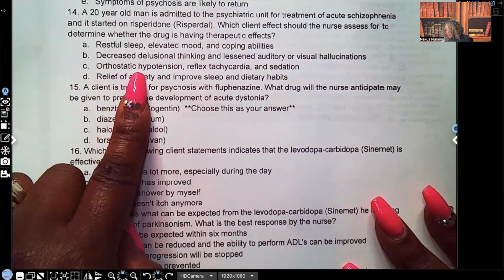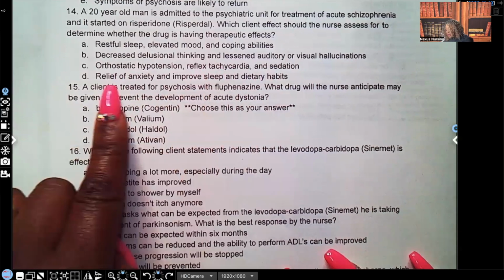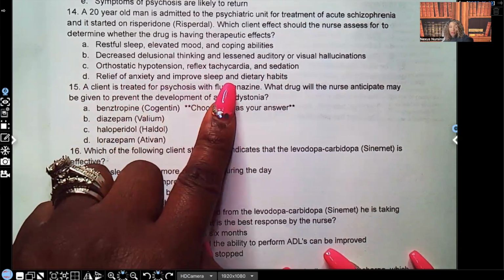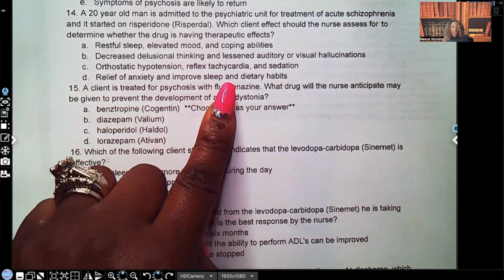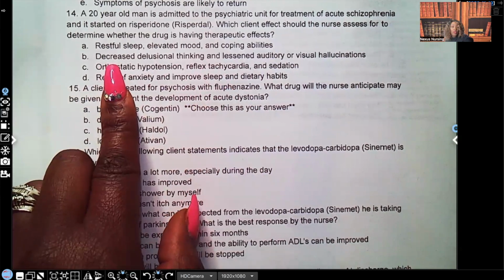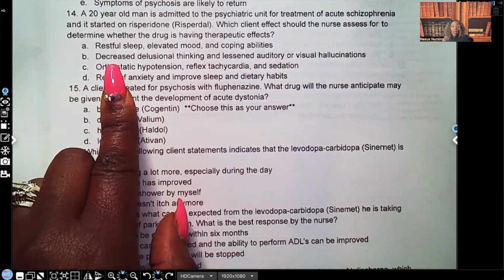C, orthostatic hypotension, reflex tachycardia and sedation. Or D, relief of anxiety and improved sleep and dietary habits. What do you guys think? And the correct answer is B, decreased delusional thinking and lessened auditory or visual hallucinations.